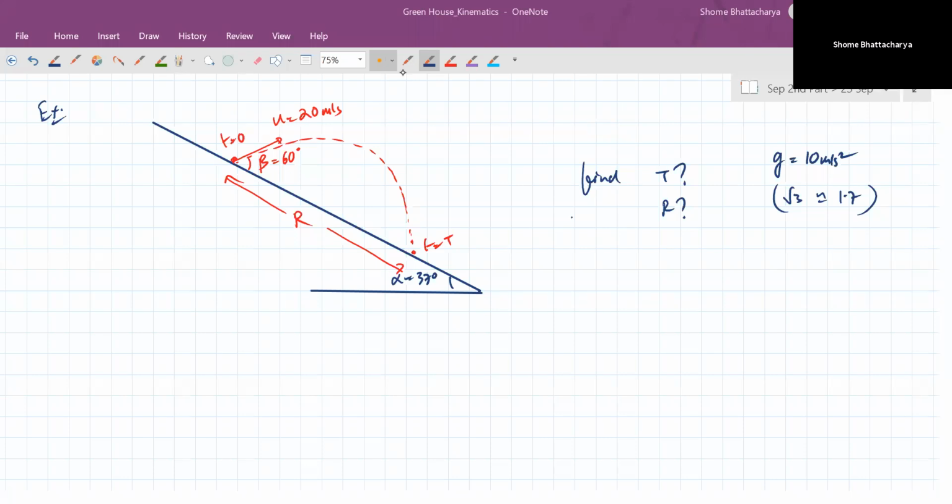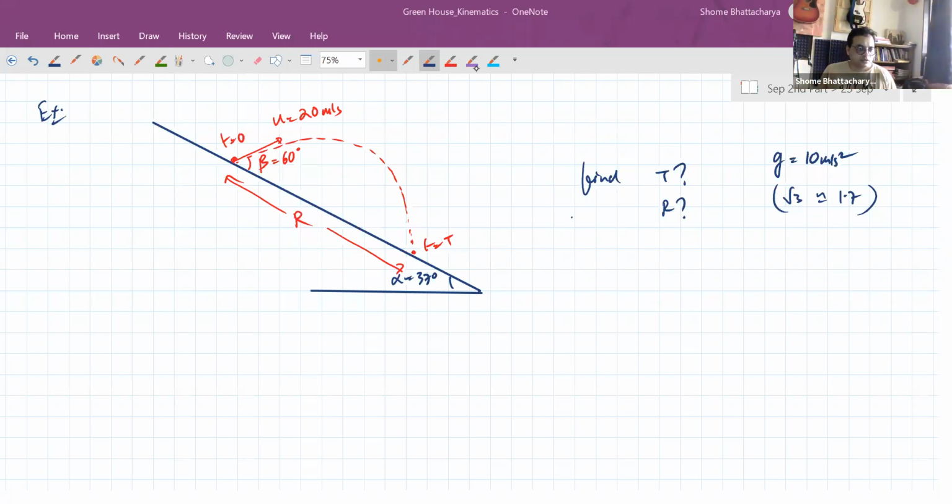Okay, so Parv, let me verify your answer. Okay. So here, as we've discussed before, we will take a different coordinate system, right? We will take x-axis like this, and we'll take y-axis like this.